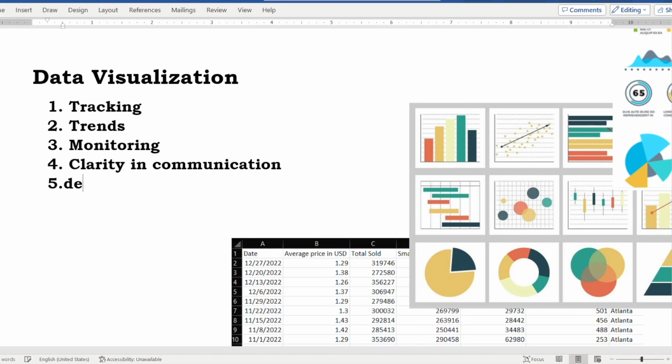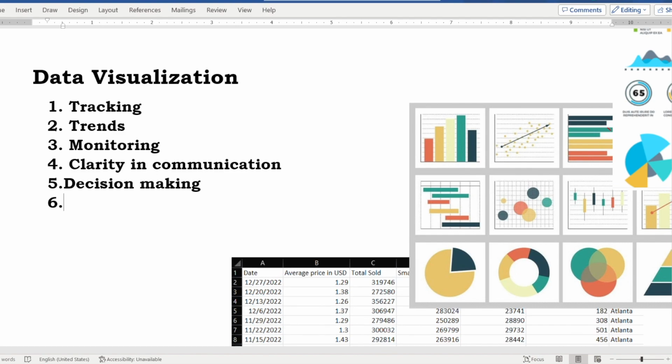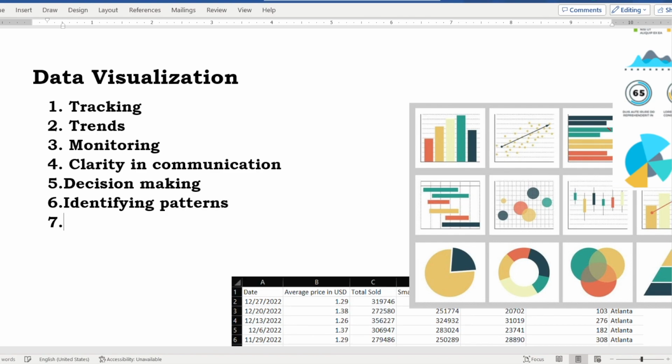Fifth one, decision making. Sixth one, identifying patterns. And the seventh one, exploratory data analysis.